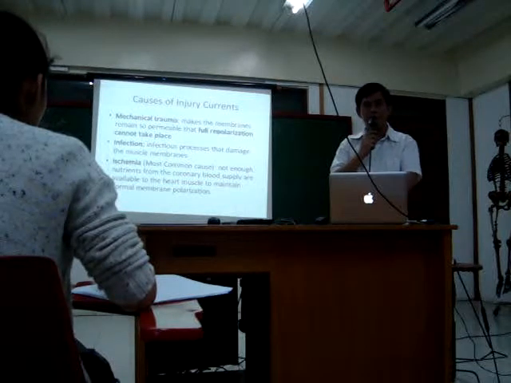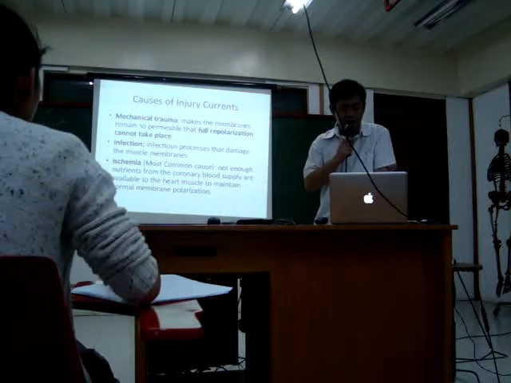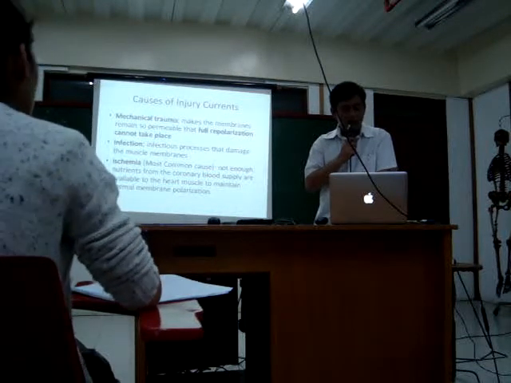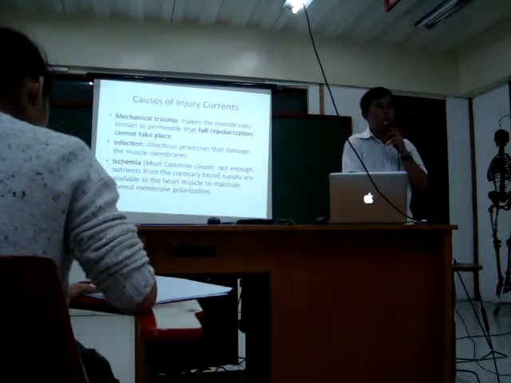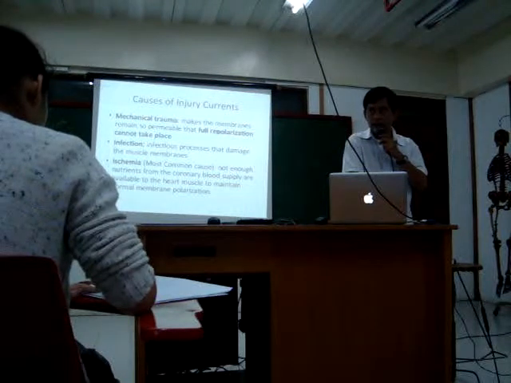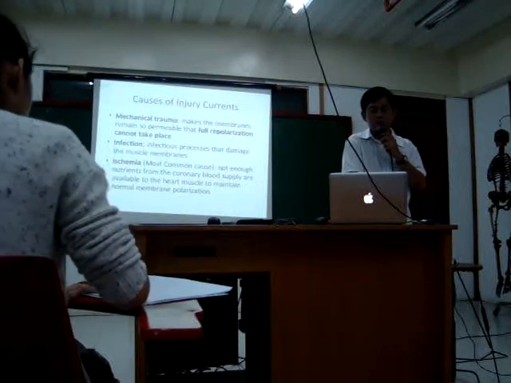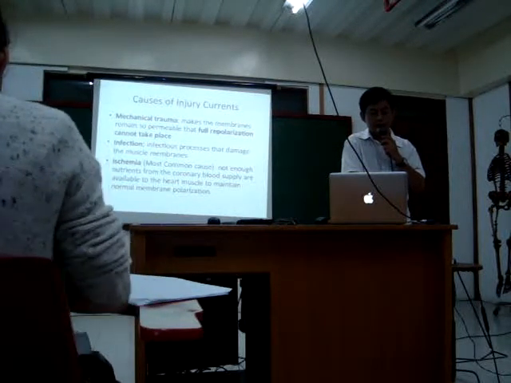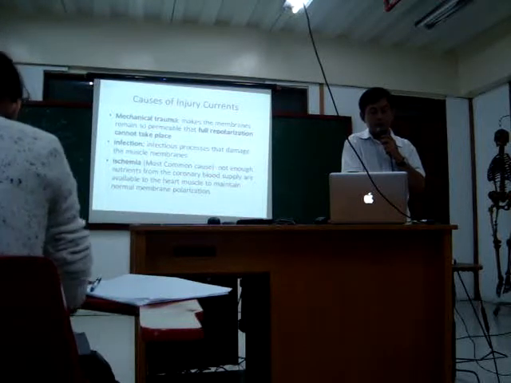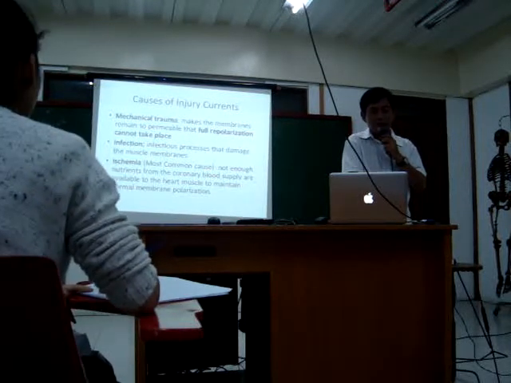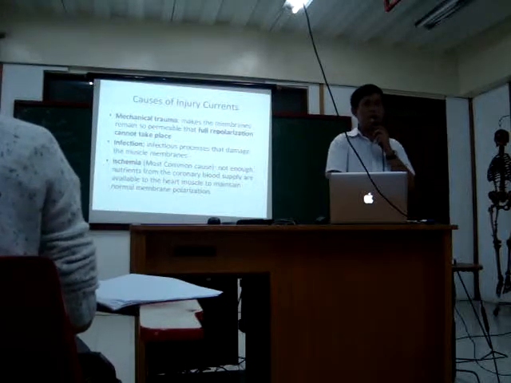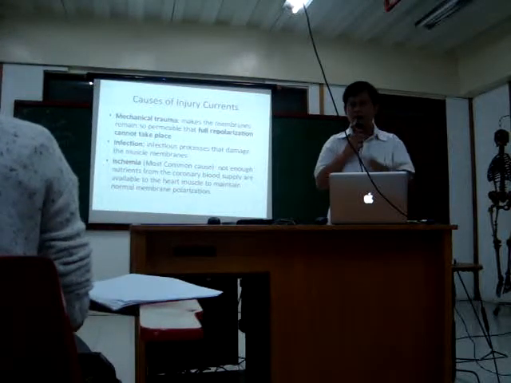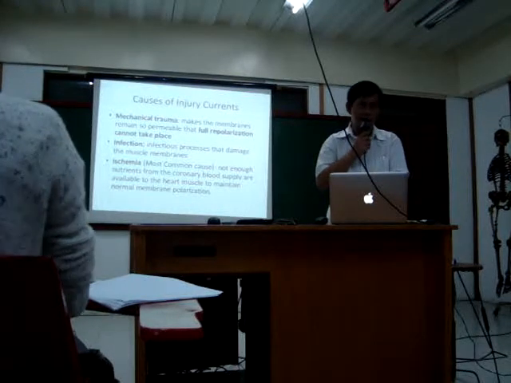Listen to what I'm saying, it's not written there. And the third is a lack of other nutrients, sodium and all of these things. Consequently, repolarization of the muscle membrane cannot occur where there is severe myocardial ischemia.